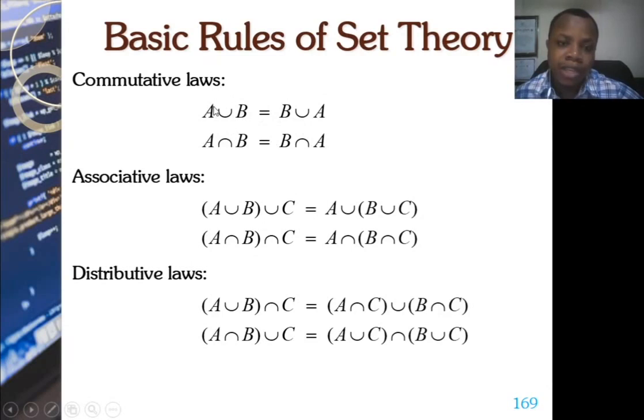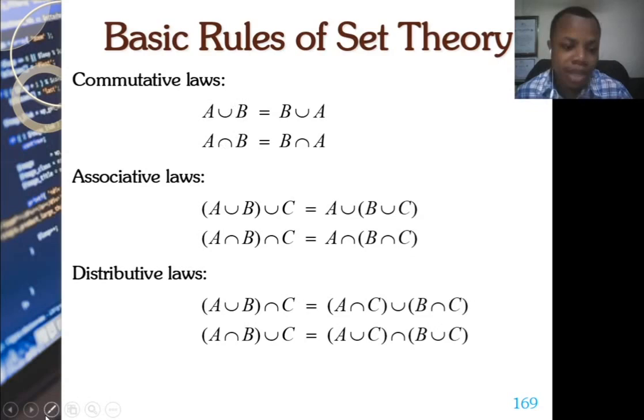So in any case where we have two events, let's say A and B, all that the commutative law says is that event A union B is equal to event B union A. Once such a situation happens, it means that these two events obey the commutative law.